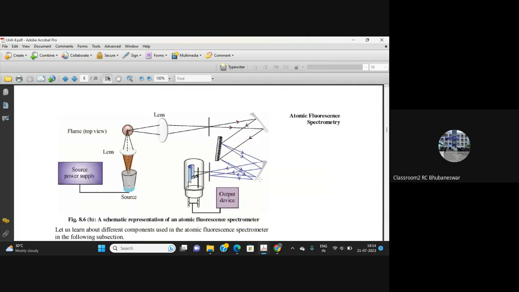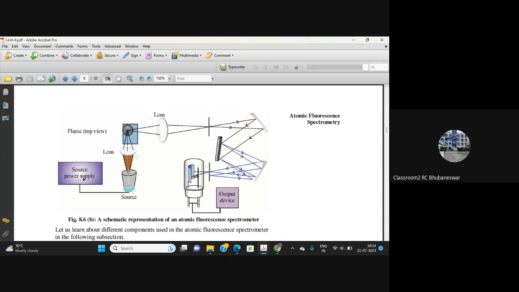However, the block diagram looks so simple. Here you see the source supply will be there. The source means you will have a nebulizer, then the flame will be there. You can see the flame here. The atomization process is happening in this compartment.